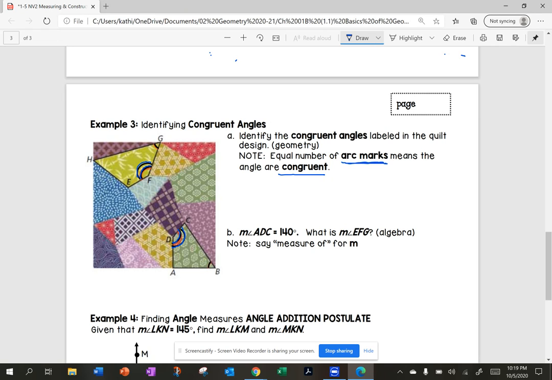So identify the congruent angles. I'm going to say angle GFE is congruent to angle CDA.